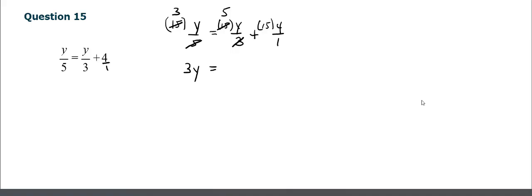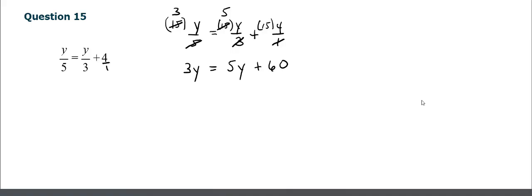So that leaves me 5 times y, which is 5y. And on the last one, 1 goes into 15 15 times, and positive 15 times 4 is positive 60. So much easier to deal with it now.